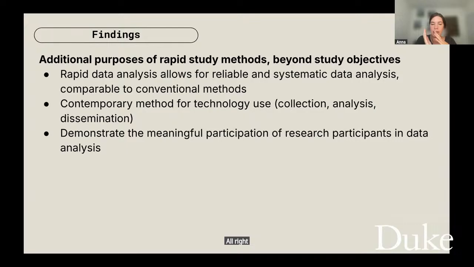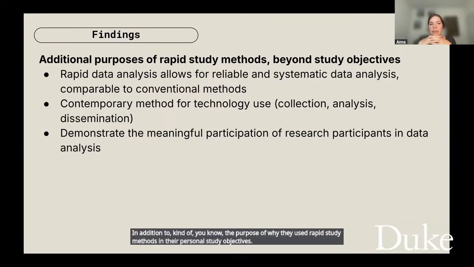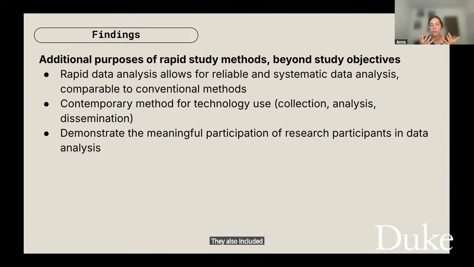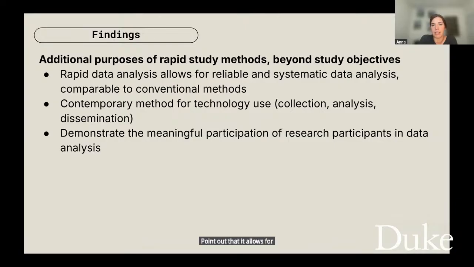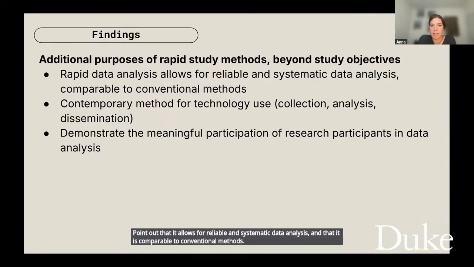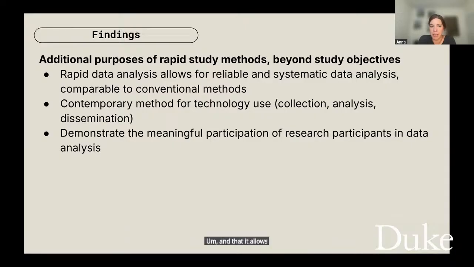All right, and then there were a few studies included that, in addition to the purpose of why they used rapid study methods in their personal study objectives, also included a more general justification of rapid study methods and point out that it allows for reliable and systematic data analysis and that it is comparable to conventional methods and that it allows for a contemporary method for technology use, not only in the data collection, but also in the analysis and dissemination.